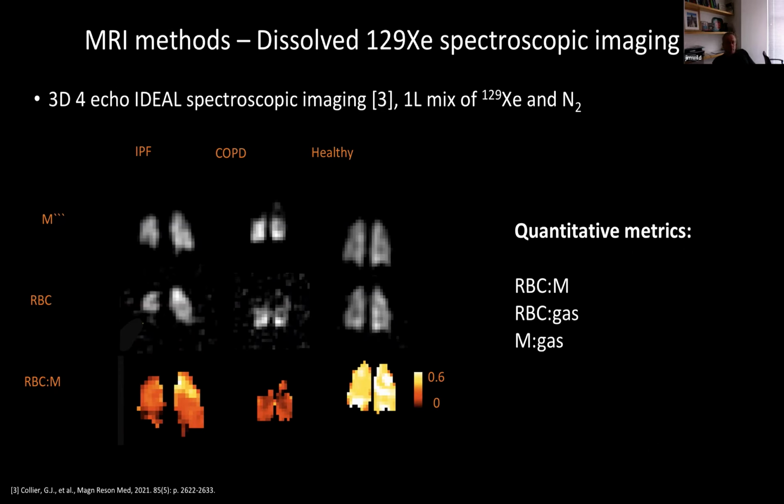In patients with IPF, we see a reduced RBC to membrane ratio. Equally in COPD we do. In IPF, you've got an increased membrane signal due to interstitial processes. In COPD, typically we've got loss of gas exchange surface and reduced capillary perfusion, causing those reductions in ratios, giving us some mechanistic understanding of regional gas transfer with these maps of xenon ratios.